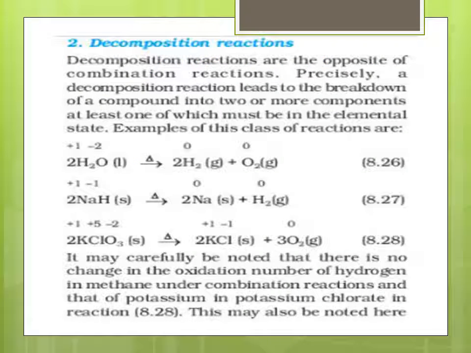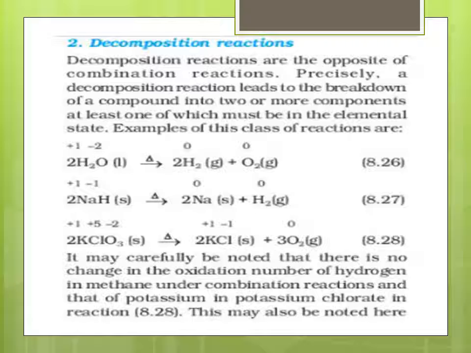Now decomposition reaction. Again, we are using the concept of oxidation number. Decomposition reactions are the opposite of combination reactions. A decomposition reaction leads to the breakdown of a compound into 2 or more components, at least one of which must be in the elemental state.